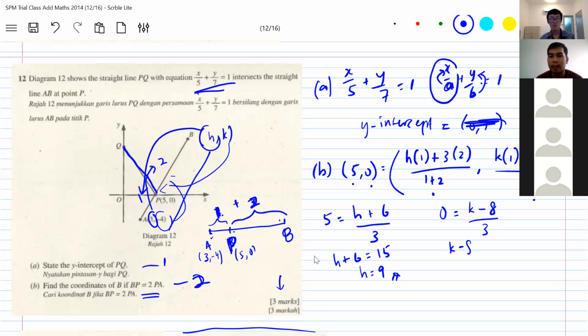K minus 8 equals to 3. K equals to, oh no, so k minus 8 equals to 0, sorry. K equals to 8. Therefore, coordinates of B is equals to 9, 8.